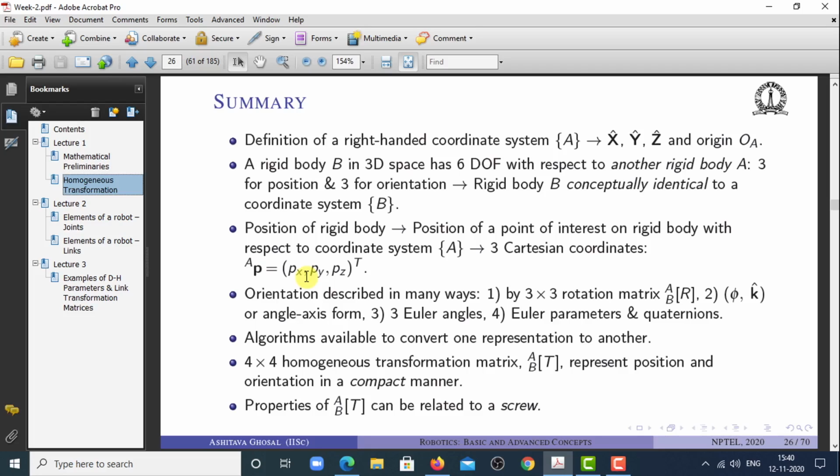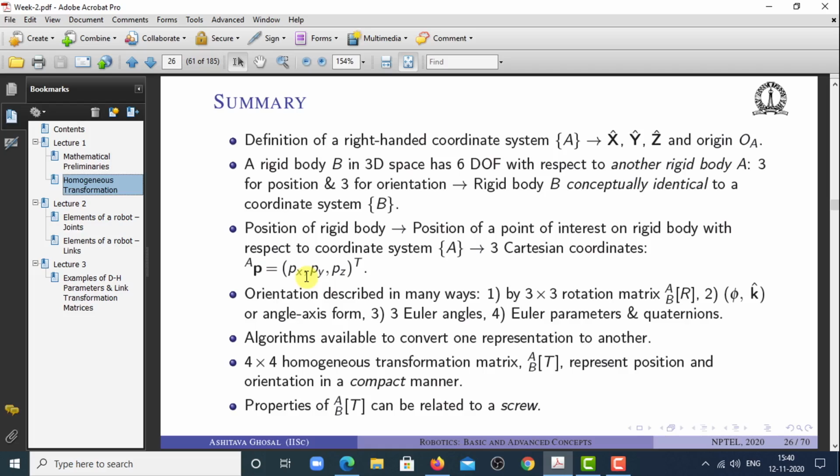The 4x4 homogeneous transformation matrix, AB T, represented position and orientation in a compact manner. The top 3x3 represented the rotation part, the last column represents the translation part, and the bottom row is 0, 0, 0, 1.